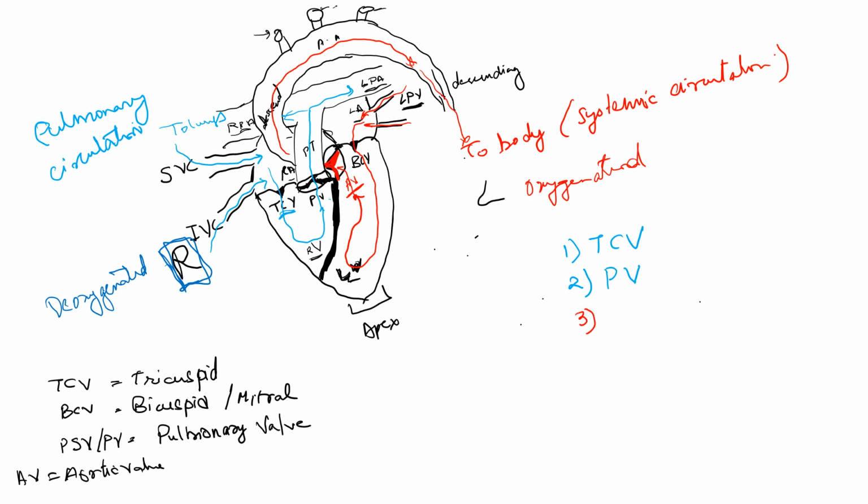The next valve that opens up is bicuspid valve or the mitral valve, and then the left ventricle fills up, oxygenated blood is carried or taken to the aorta when the aortic valve opens up.